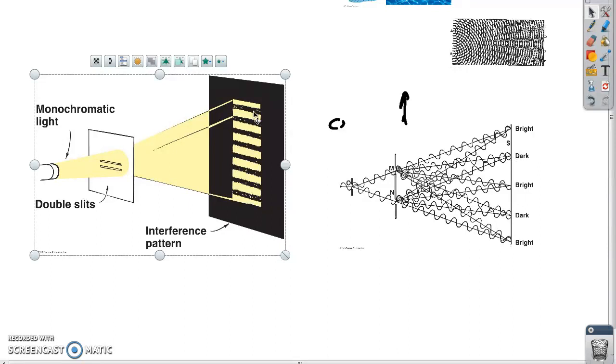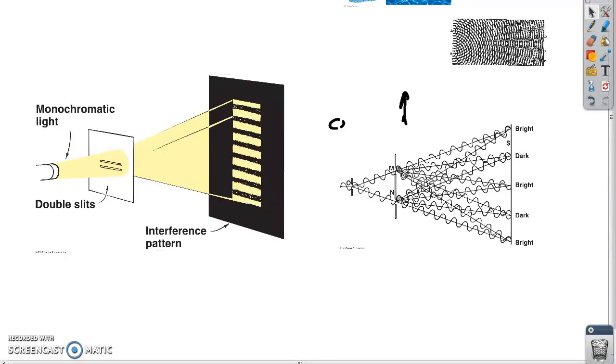In between you would have lighter and dimmer as it goes back and forth. So you have bright, getting darker, in the middle dark, and then getting brighter and so forth. You would have these bands start showing up where they either cancel each other out or they actually land on top of each other.